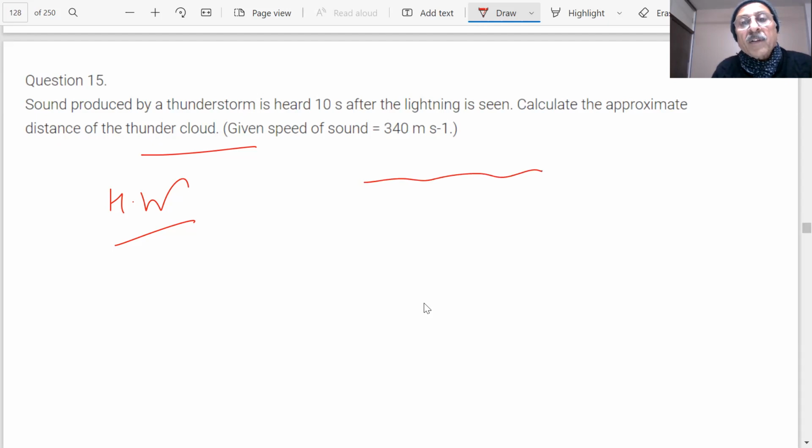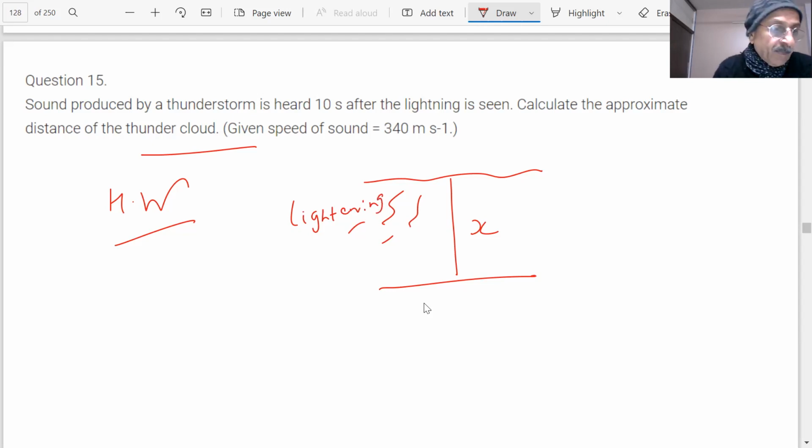X is the distance. So you have a lightning. And then you have, what is the speed of light? Yes, sir. 3 into 10 power 8 meter per second. And what is the speed of sound?